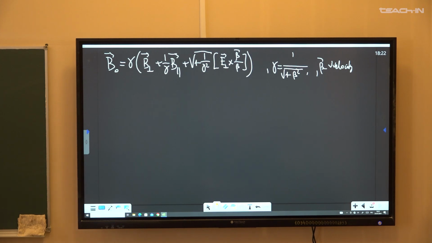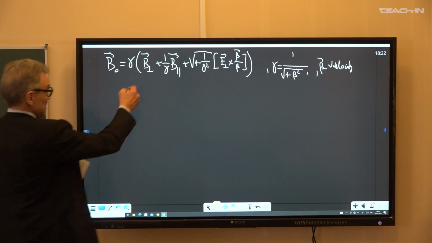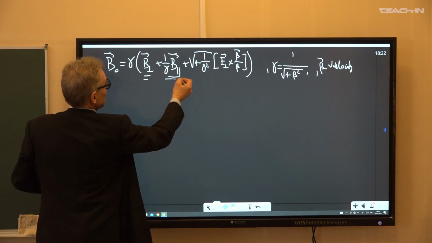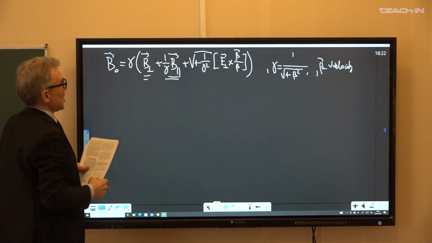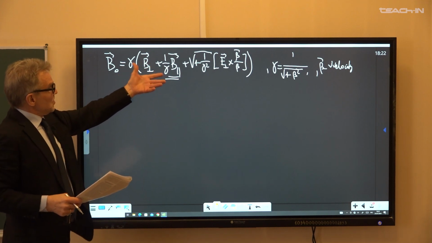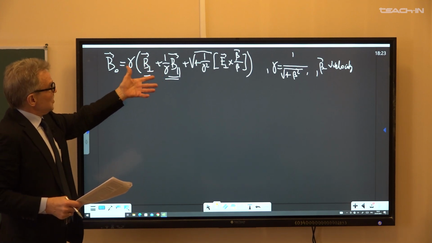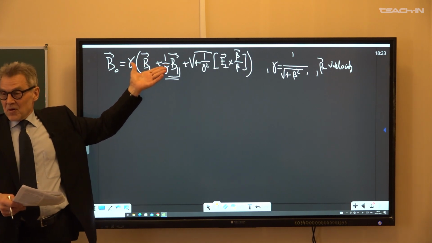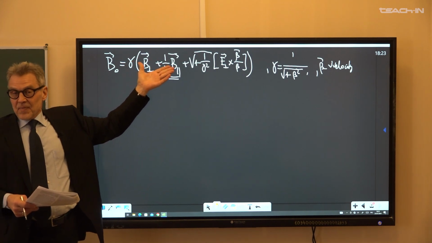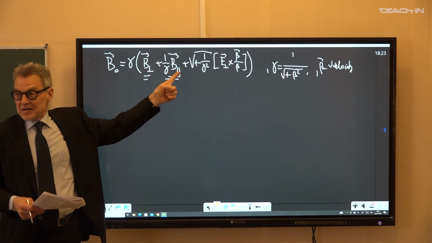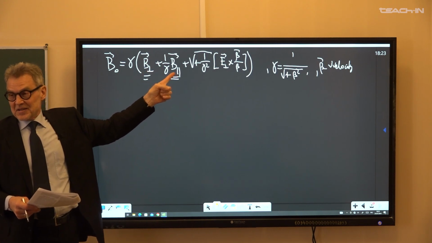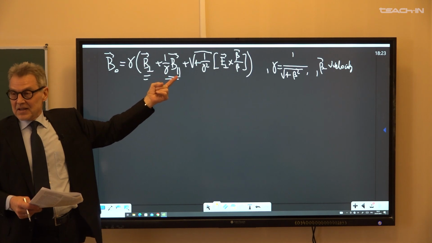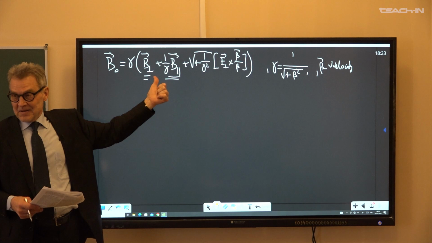Yeah? And by the way, taking into account this part of the expression, we see that often the longitudinal part of the magnetic field is neglected when we are considering neutrino spin evolution in the presence of a magnetic field. Yeah?